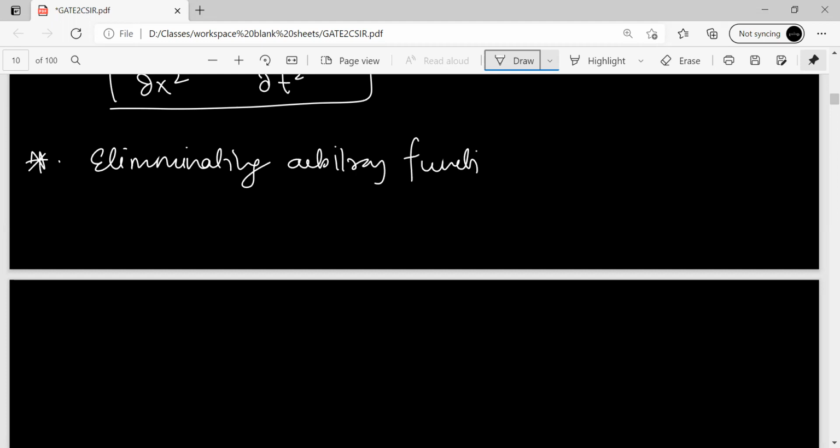And now comes our topic, eliminating arbitrary functions. It will be basically, you may get something like some f of x, y, z, comma, some c of x, y, z equal to 0.